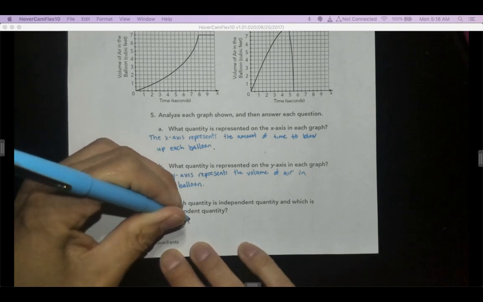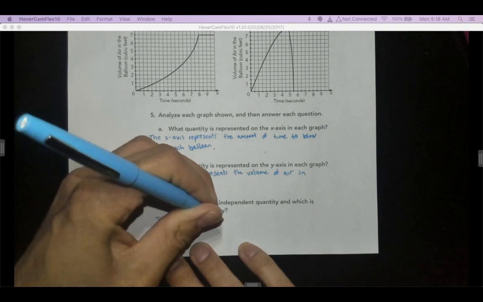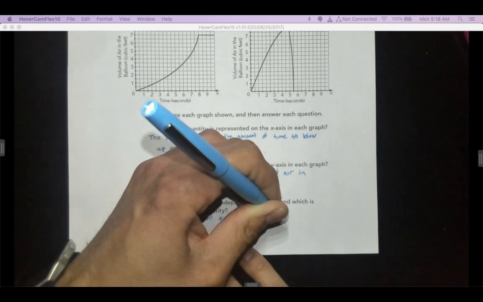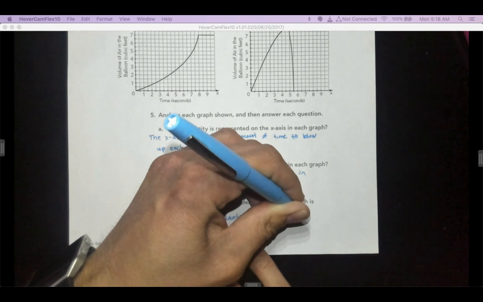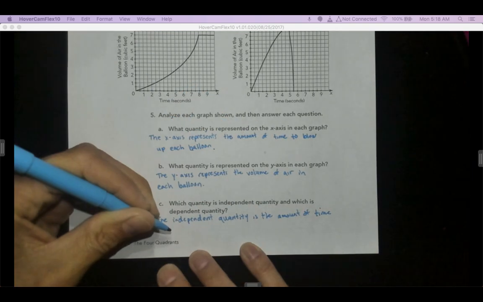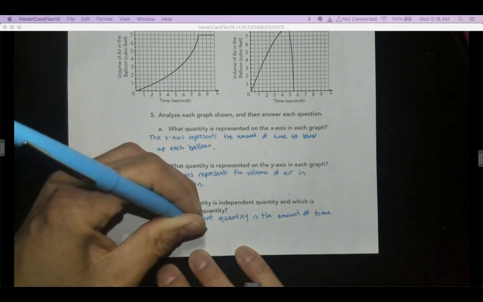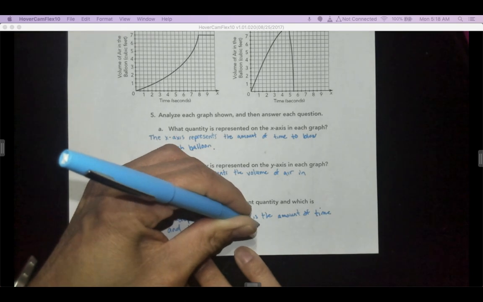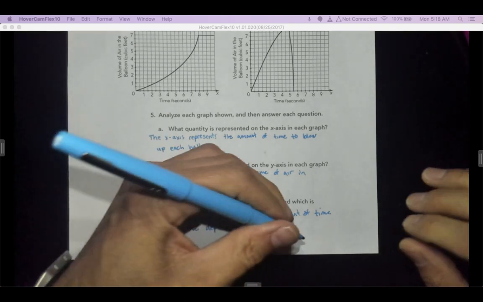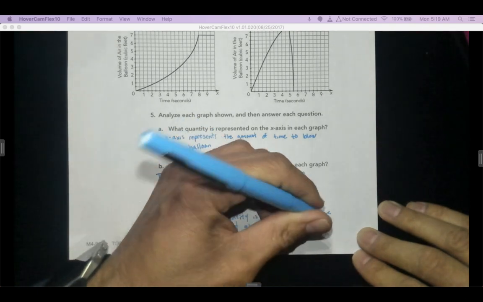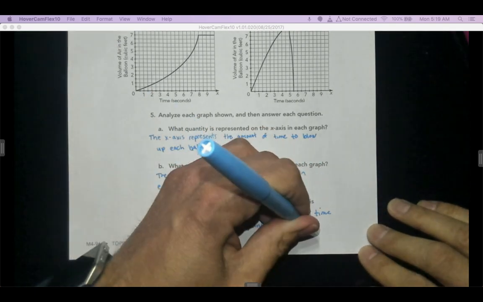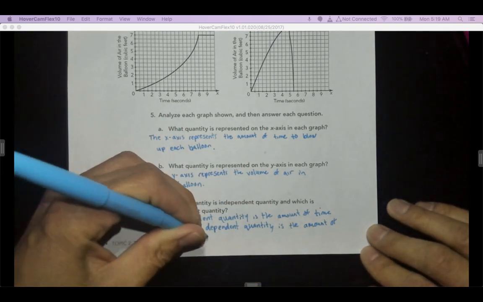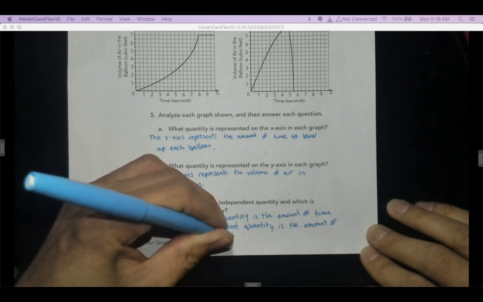The independent quantity is the amount of time, and the dependent quantity is the amount of air in each balloon.